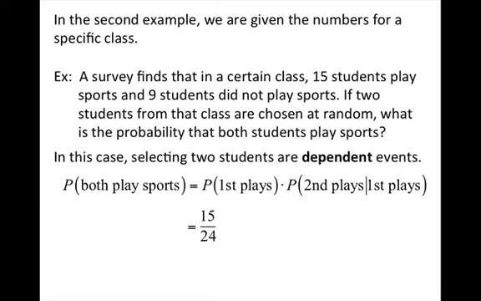So the probability of selecting a second student that plays a sport, well, there's only 14 students left that play sports, and there were only 23 total students in the class. So the probability of the second student playing a sport, given that the first student played, is 14 out of 23. So in this example, the probability that both students play sports is 65 out of 184.